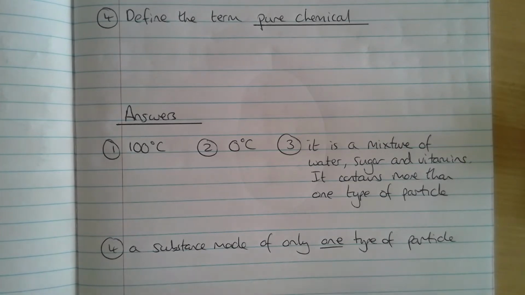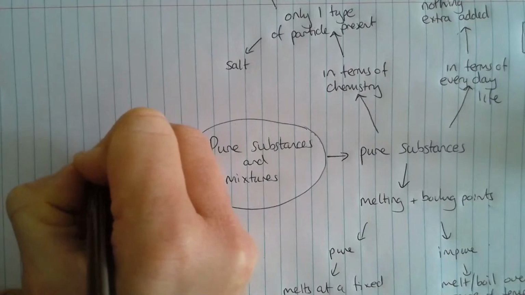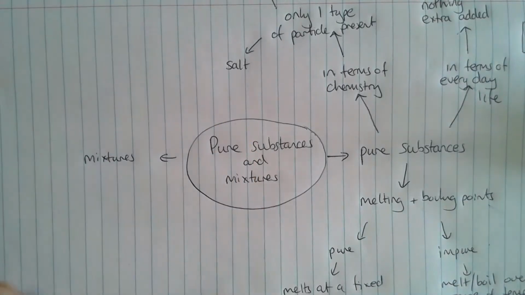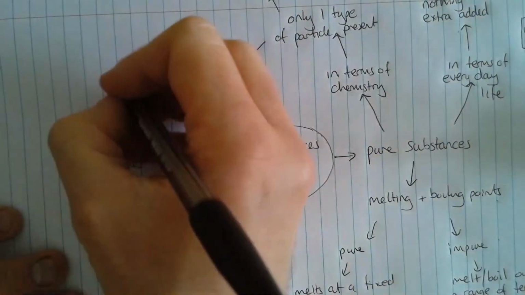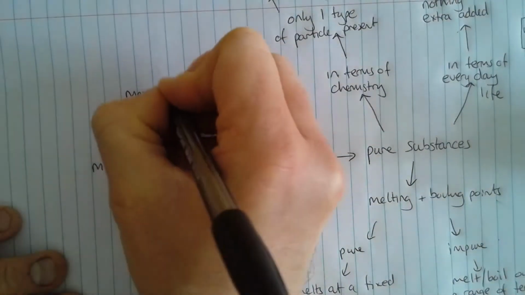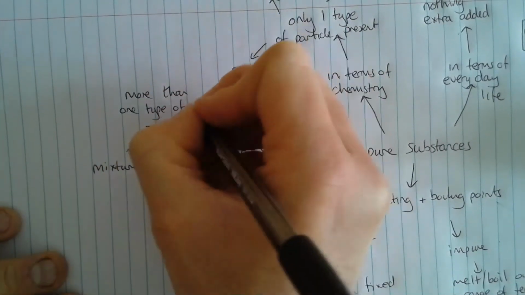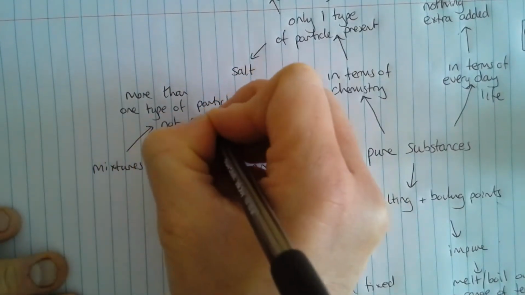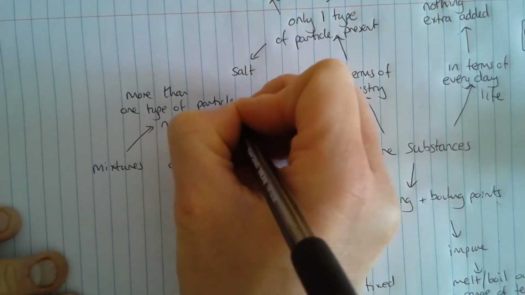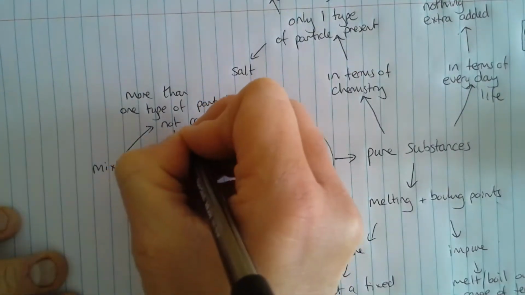We're now going to go back to our mind map and we're going to talk about mixtures. So, the definition of a mixture is more than one type of particle not covalently or ionically bonded.